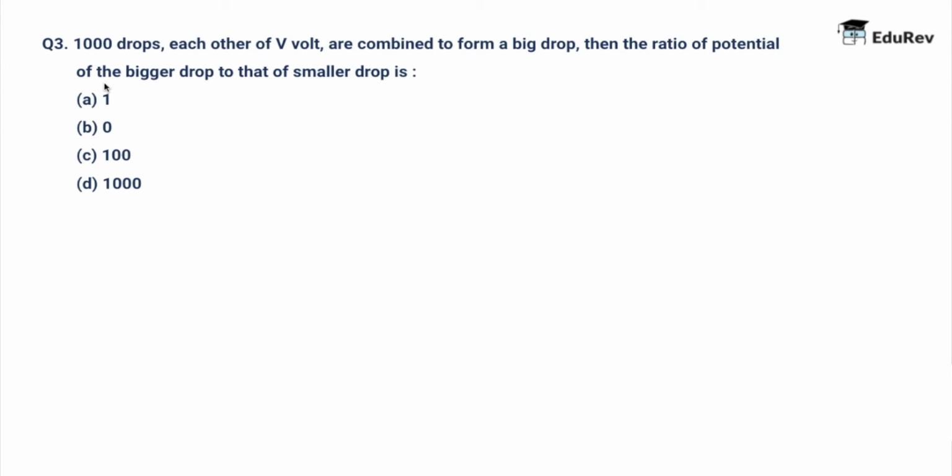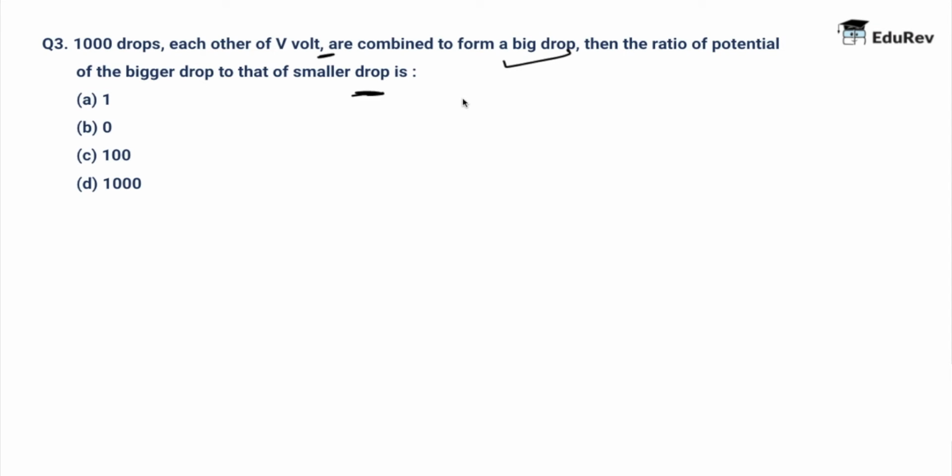Question number 3 states: 1000 drops, each of V volts, are combined to form a bigger one. Then the ratio of potential of the bigger drop to that of the smaller drop is what? Now we know the potential of the drop V is nothing but KQ by R, correct?